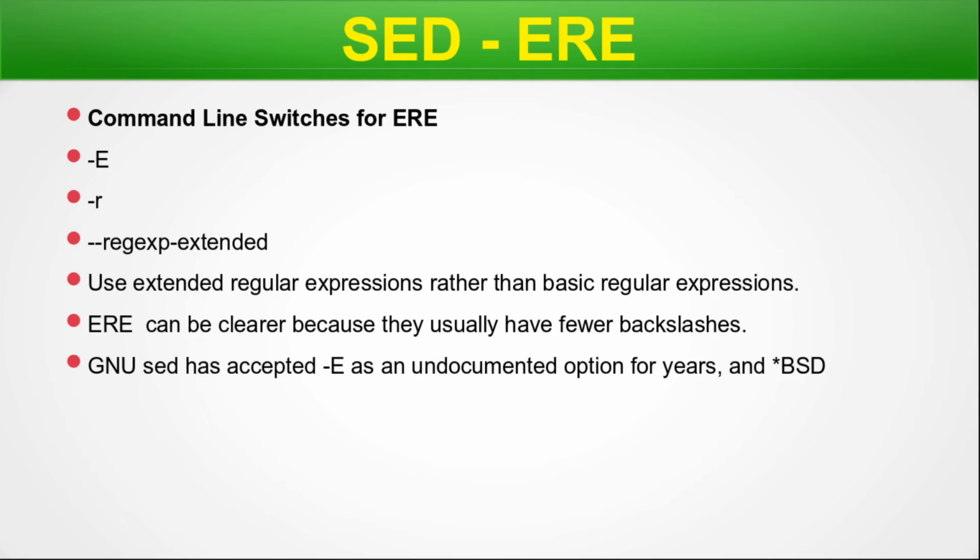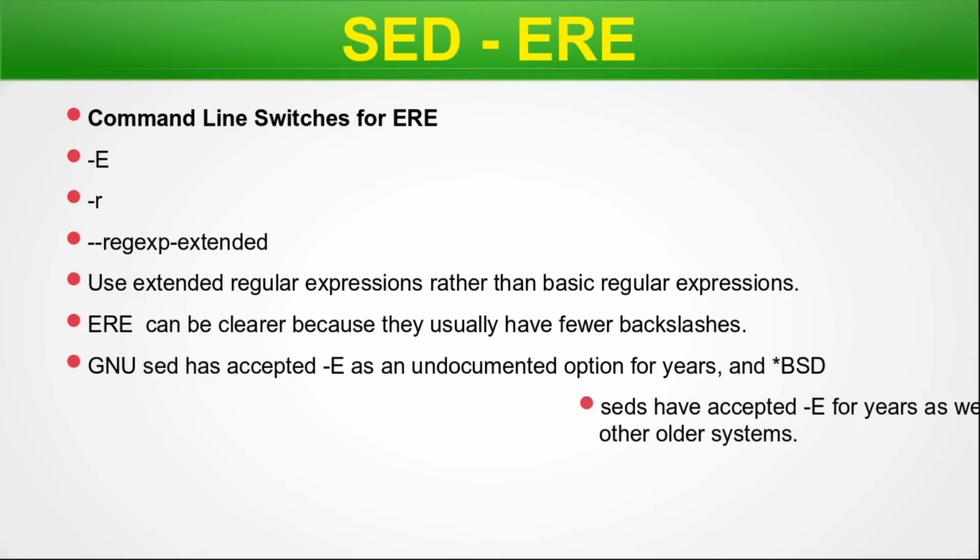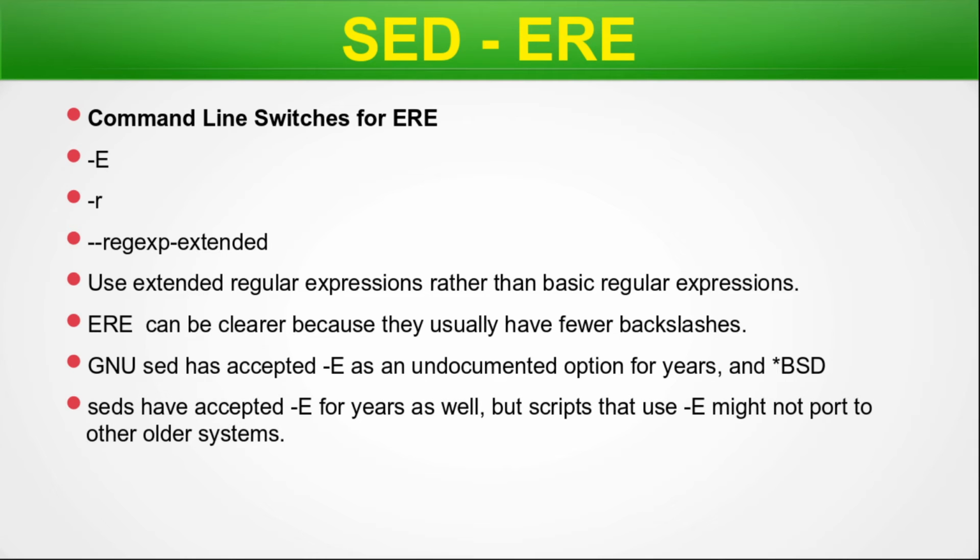GNU SED has accepted -E as an undocumented option for years, and BSD SED has accepted -E for years as well, but scripts that use -E might not port to other older systems. So we are talking about system specification, but still at my end, when I try with our latest systems, we can use -E very easily.